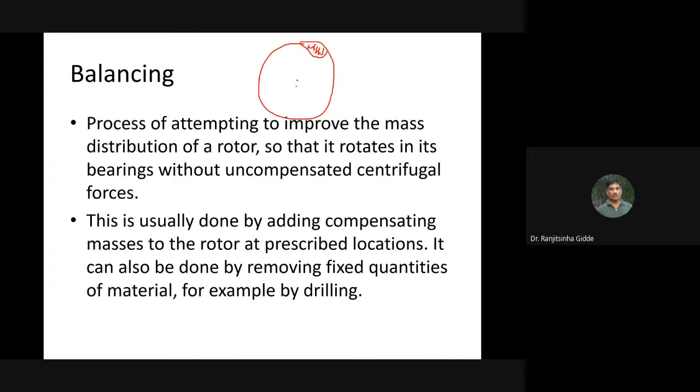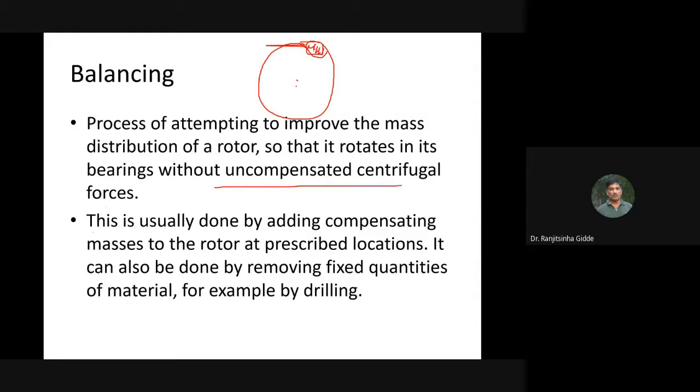By providing compensation for this damaged component by adding or subtracting mass. Additional mass in a certain direction will generate centrifugal force, and how to compensate that centrifugal force? By providing a mass component in the opposite direction, that is at 180 degrees to the unbalanced mass.